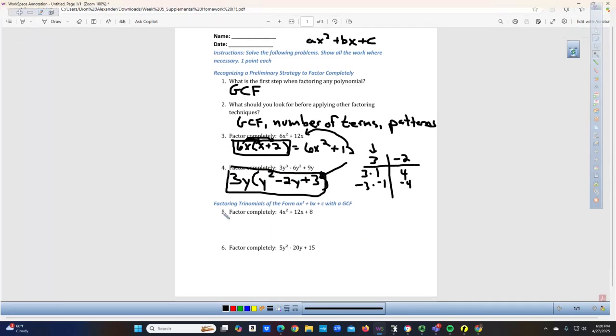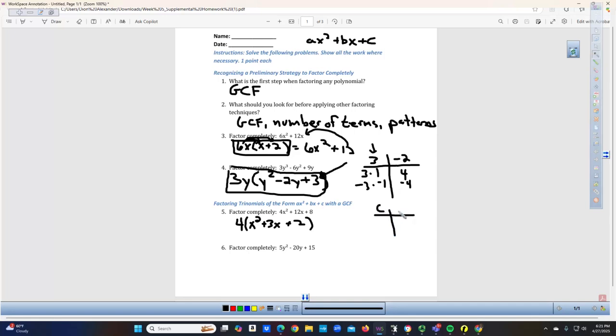All right, so 5 and 6 say factoring trinomials of the form ax squared plus bx plus c with a GCF. So first, again, you want to see in 5, 4x squared plus 12x plus 8. All of these have a GCF of 4. So I can rewrite this as x squared plus 3x plus 2. And now again, I want to see if I can figure out my C term, right?